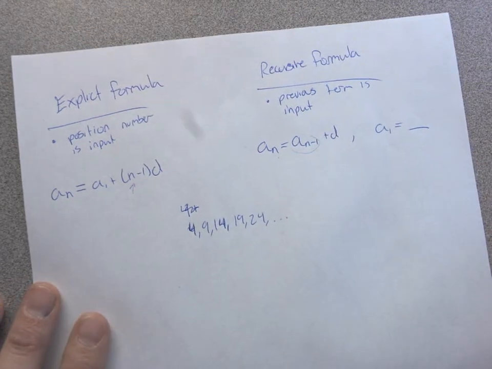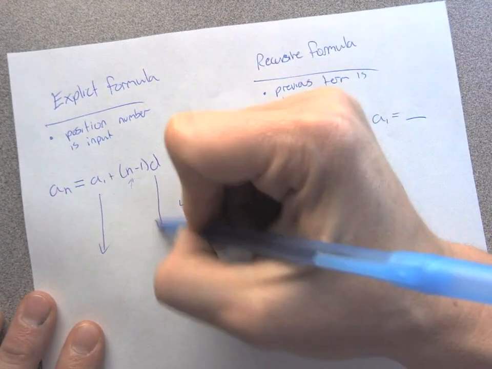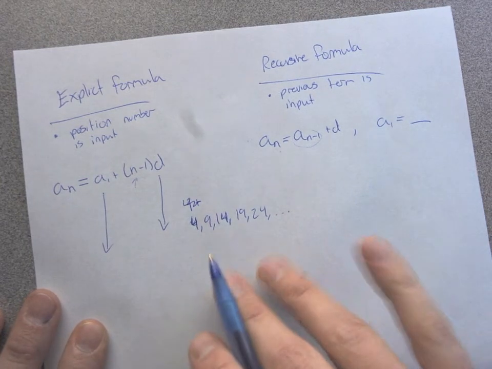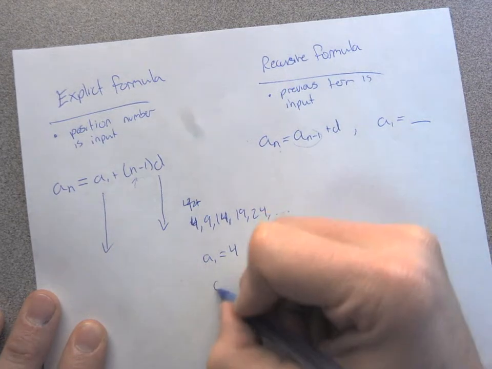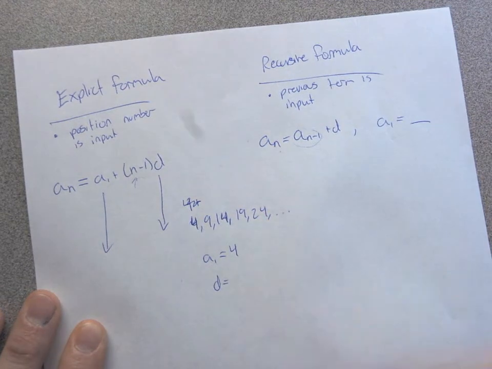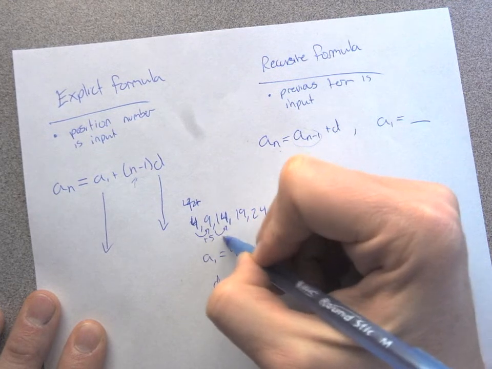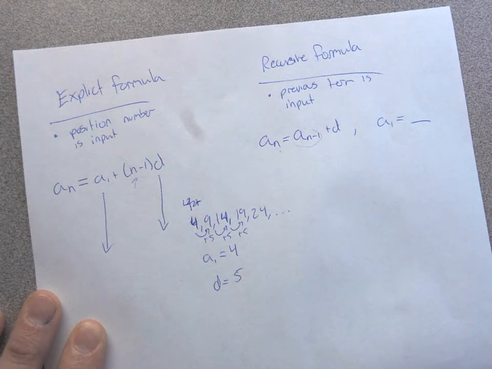Okay, that's our sequence. Now, if we want to write an explicit formula, all we do is we replace the a1 and the d. For this sequence, a1, the first term, is 4. And d, the common difference, the number that we're adding every single time, is 5. It's plus 5, plus 5, plus 5. So d is 5.